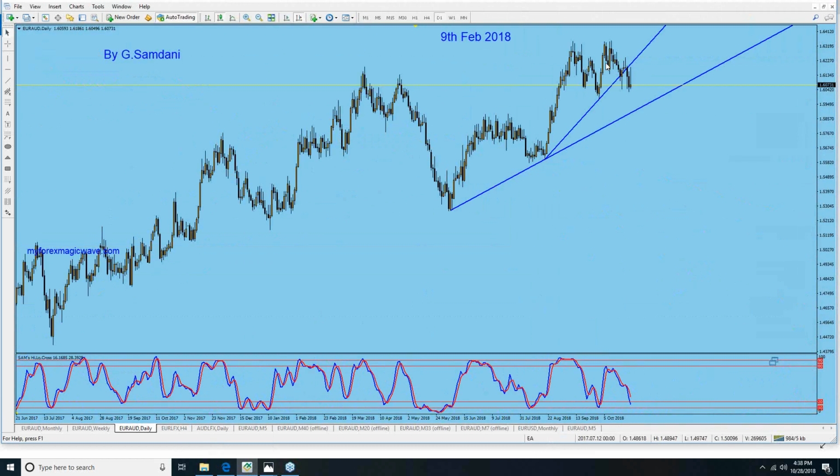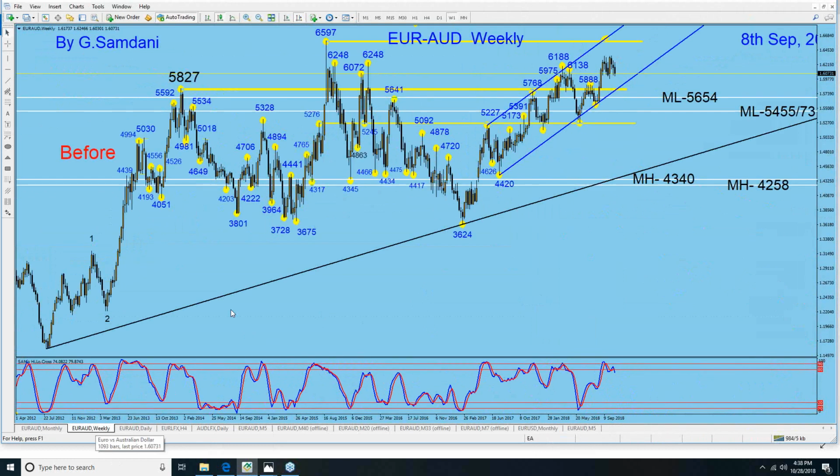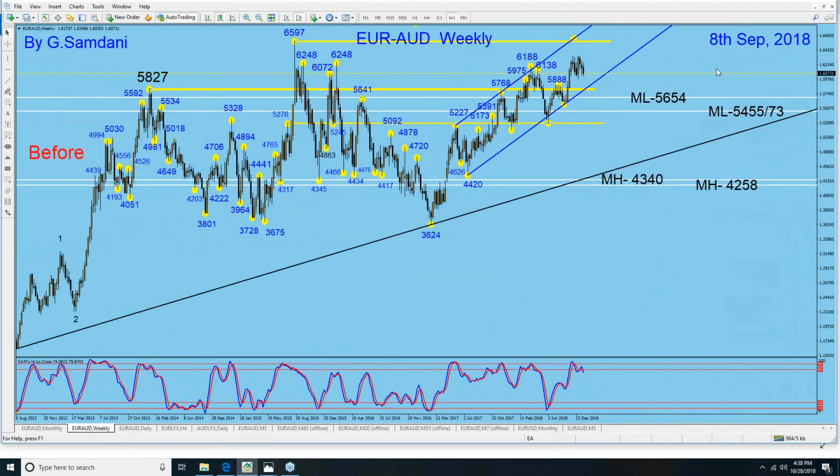You see this Euro Aussie? Basically, here's the chart. Now, the last chart that I made, showing that we have this upside target here, that we're gonna go up there based on Aussie weakness and Euro strength.